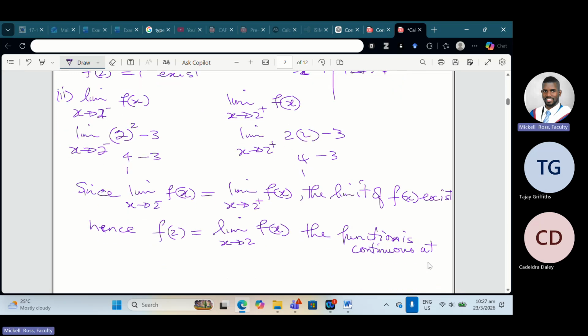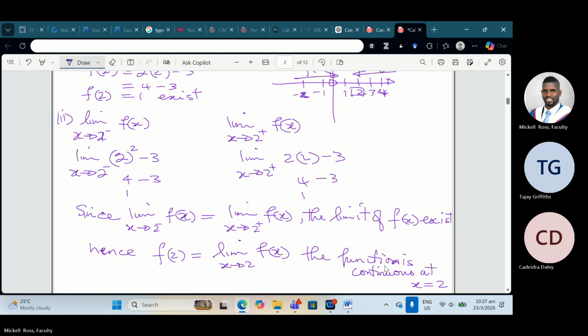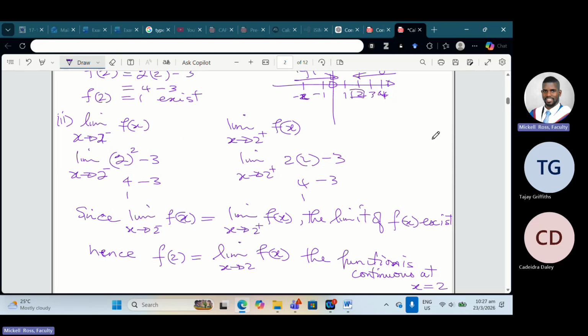So the function is continuous at x equal to 2, right? So this is how we can check if a function is continuous or not continuous.